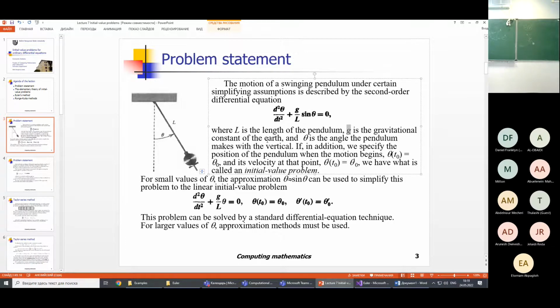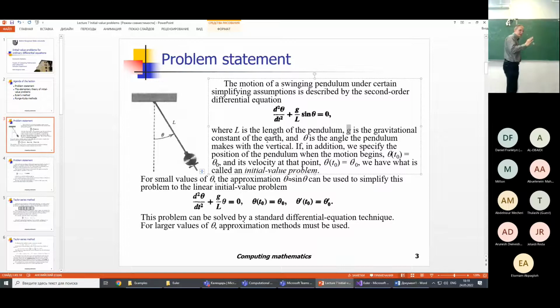And to find the solution to this problem, we need to fix some initial condition. And the initial condition is very simple. We know some initial moment of time.